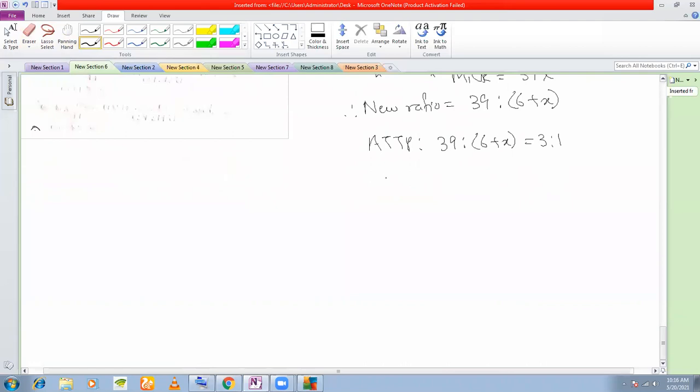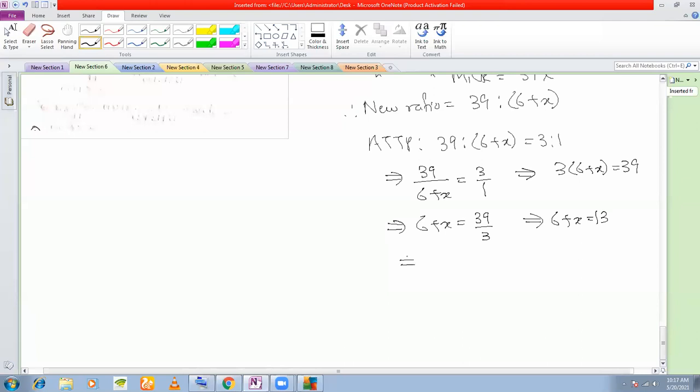Change it to a fraction, solve for x. Seven liters. So 7 liters of water has to be added.